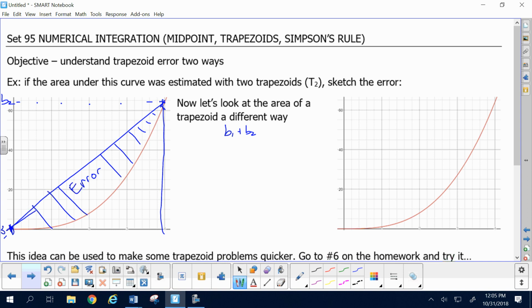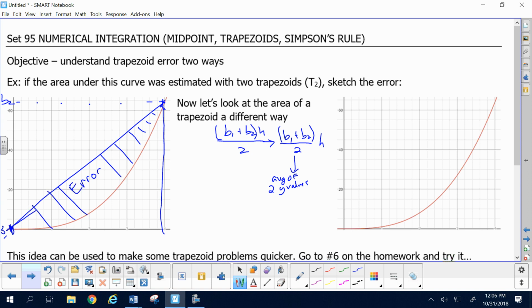If I were to take that trapezoid, instead of looking at it like this, look at it like this, and then think, well, isn't this just the average of the two y values?